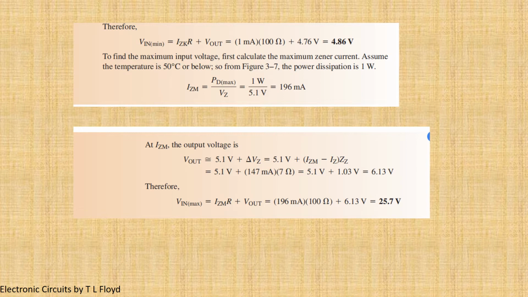So 1.5 volts plus the difference between the maximum current allowed by the Zener diode and the knee current, into the voltage offered by the Zener. That comes out to be 6.13 volts. So V in max is equal to IZM into R plus V output, which comes out to be 27.7 volts.